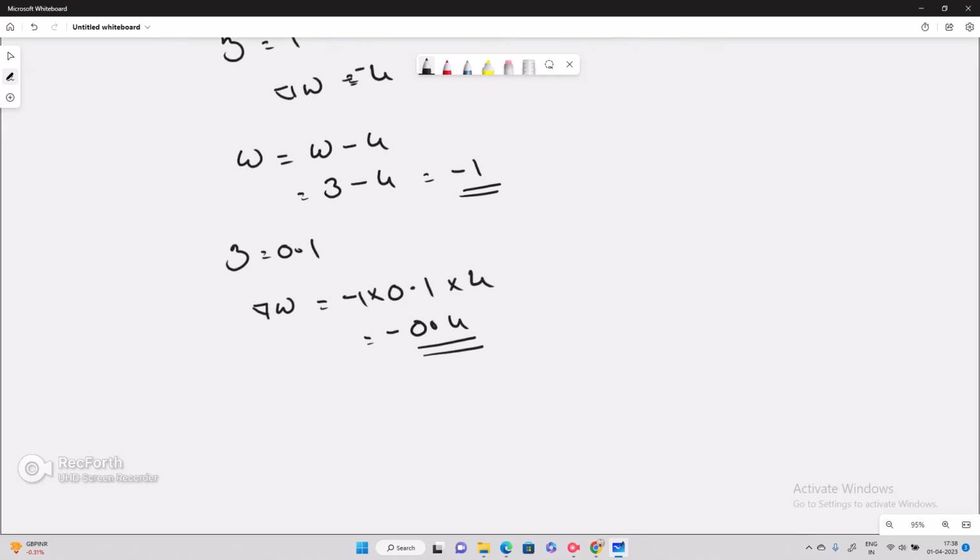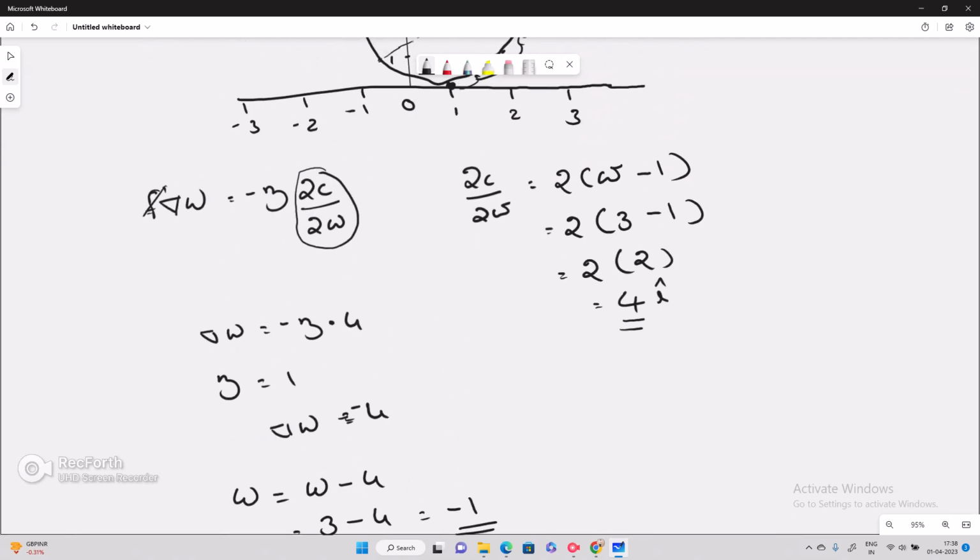So this will be minus 0.4, right? So now calculate the w. So w will be w minus 0.4, which will be equal to 3 minus 0.4, which is equal to 2.6.